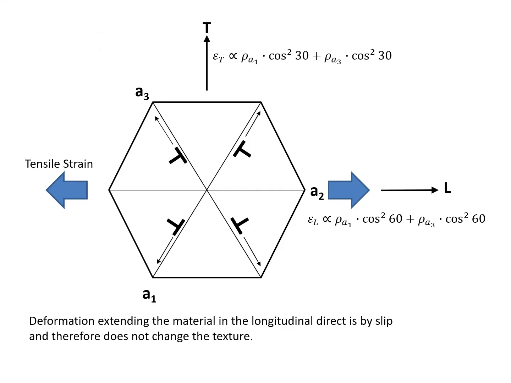So what's going on can be demonstrated schematically here. In the case of what's called the direct roll, we have a predominance of grains with this orientation, and the longitudinal direction is the direction in which the material is being deformed, primarily, not exactly, but primarily. And when you have this situation, what that means is that you end up exciting these two slip systems.